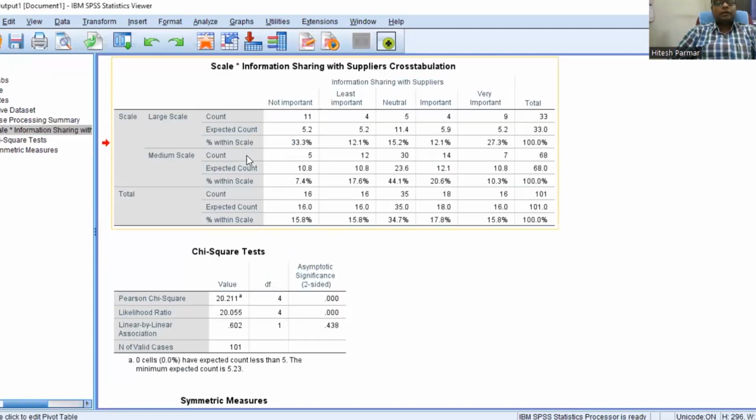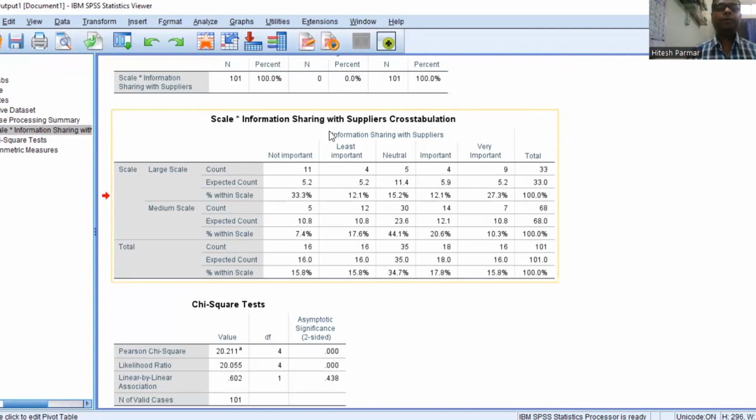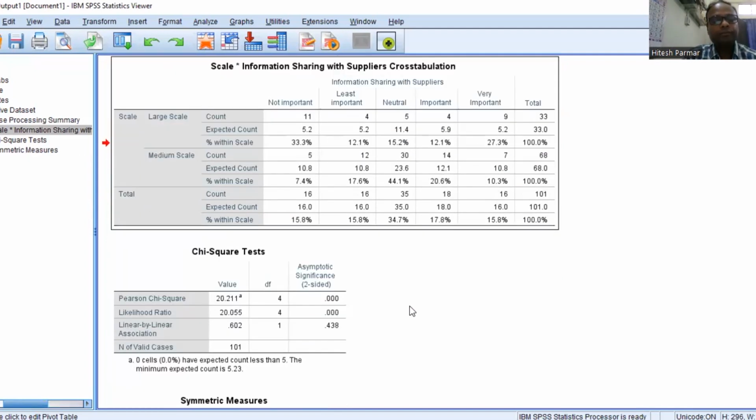So this is our table number 1. It is known as cross tabulation. In the cross tabulation, we have large scale and medium scale as row variables, and not important to very important as column variables. Let us interpret the values.